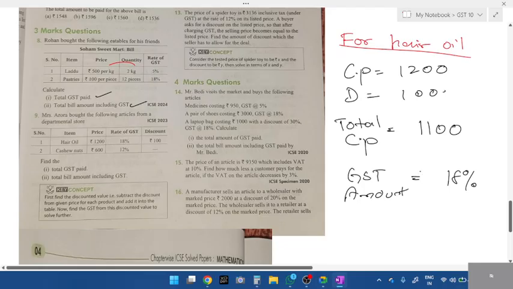Yeah, 1100. And for the second item, do we have discount? For cashew nuts, do we have discount? No. Calculate it. Calculate total discount and total bill including discount for both the items, hair oil and cashew nuts.